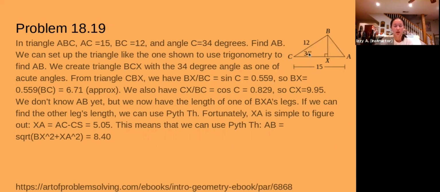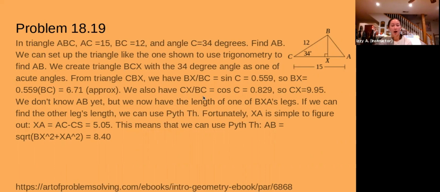Sine of 34 is 0.559 on a calculator. So if we isolate BX, that is 0.559 times BC, and we plug in 12 to get 6.71.